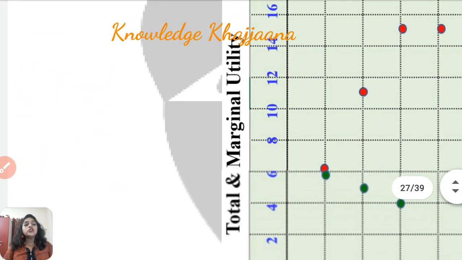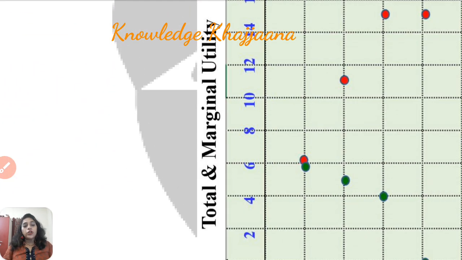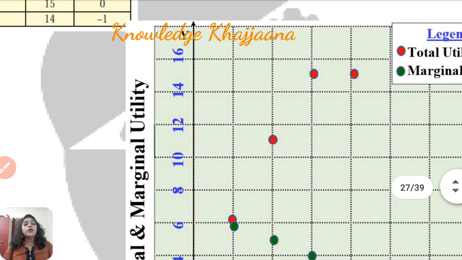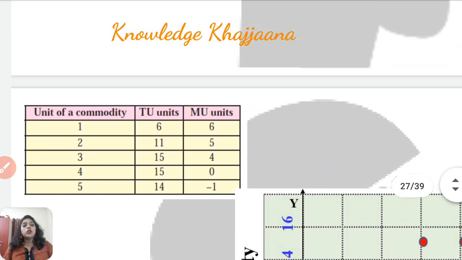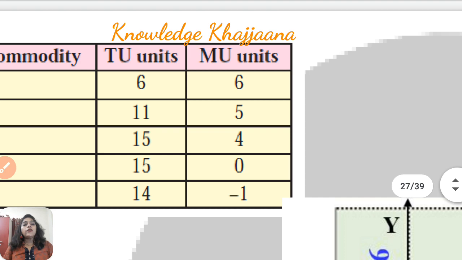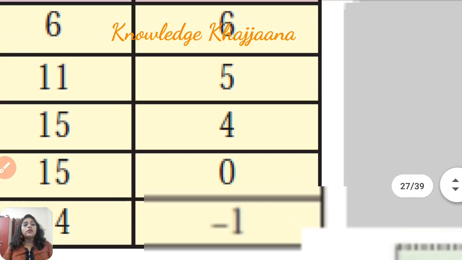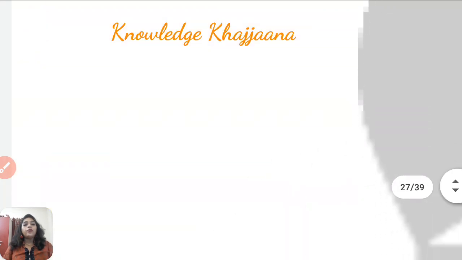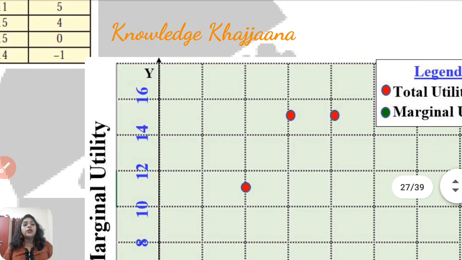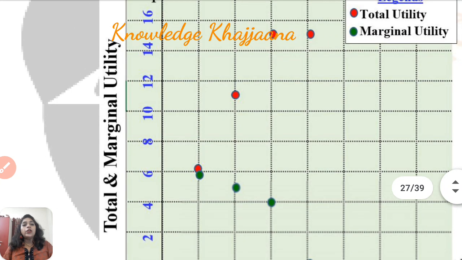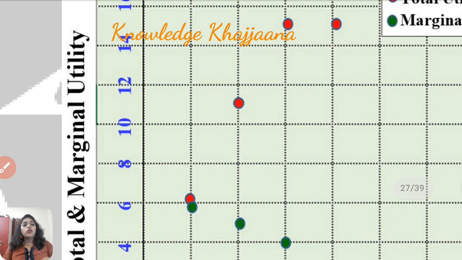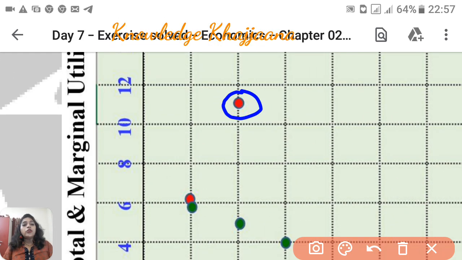The total utility went to 11 and marginal utility came down to 5.